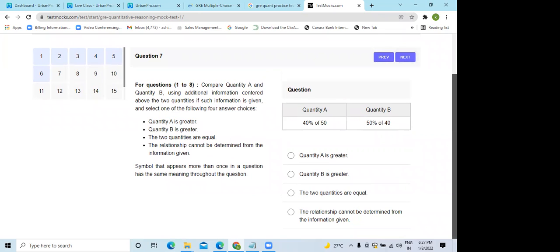40% of 50 is 20. The two quantities are equal, sir. This one. All right.